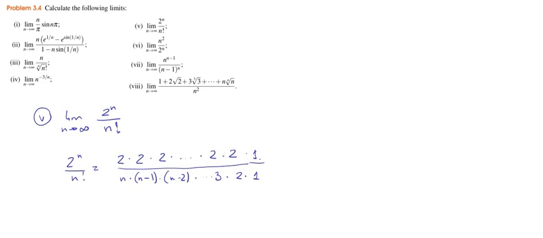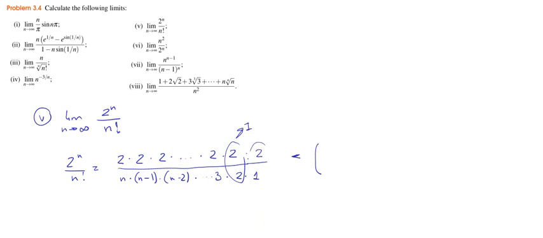So this term here is 1, but it's important to see that there are n terms in the numerator and n terms in the denominator. All of these terms up to this point are smaller than 2/3. You have 2/3, 2/4, 2/5, 2/6, and so on. So this is smaller than, sorry, this is 2, this is not 1.